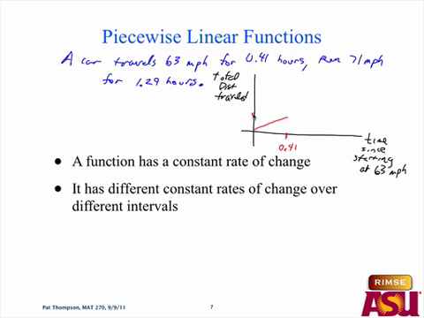Would this y value be 63? 0.41 of 63. Right, okay. And then the graph would look like what? It gets a little steeper. So this represents going 63, and this represents going 71. So isn't this exactly what we're talking about?